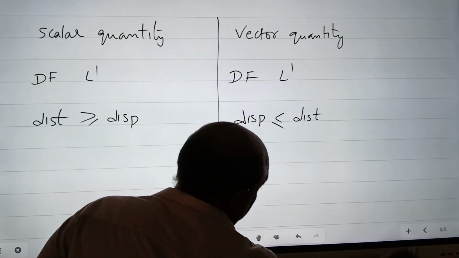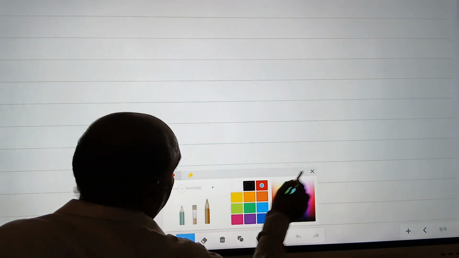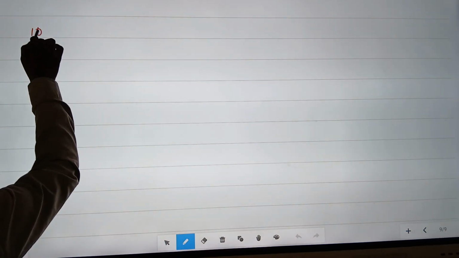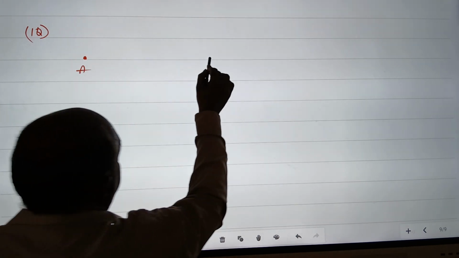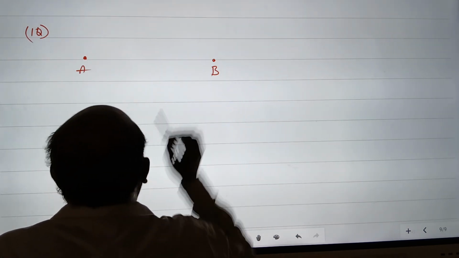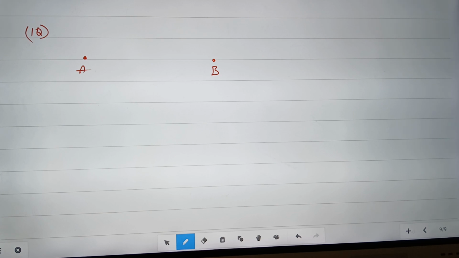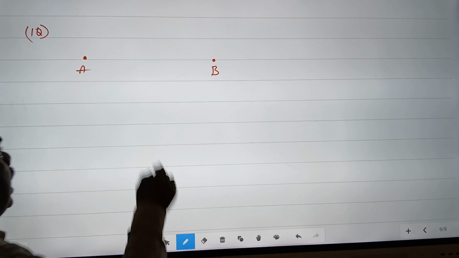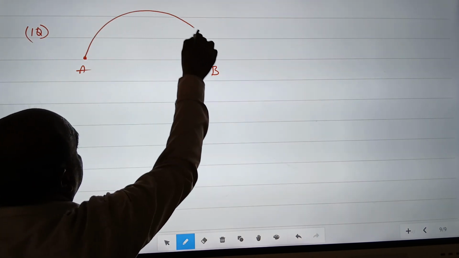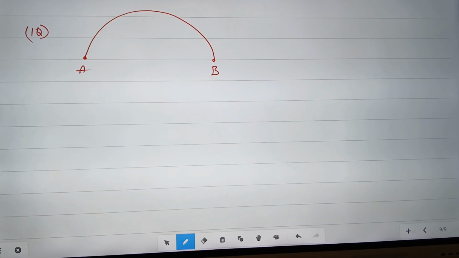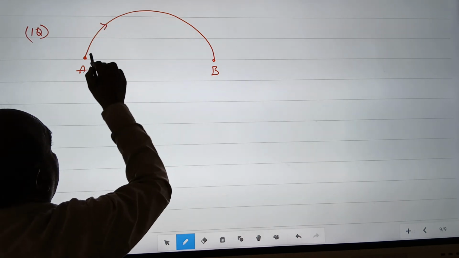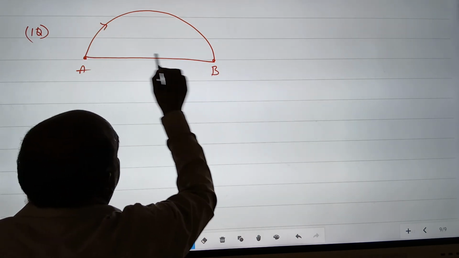Now, one example, note down. You also try with me. Question number 1. There are 2 points, beta, A and B. Now, this is the circular path. One path goes like this, another time it goes like this.